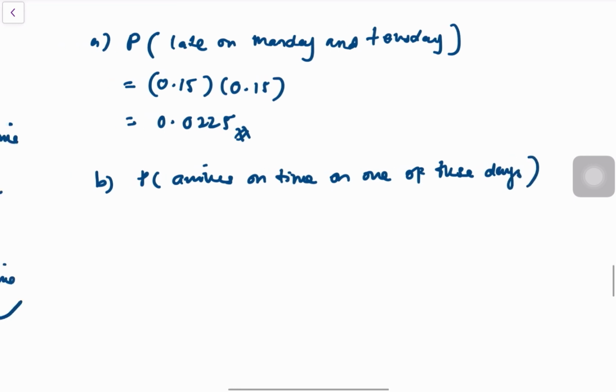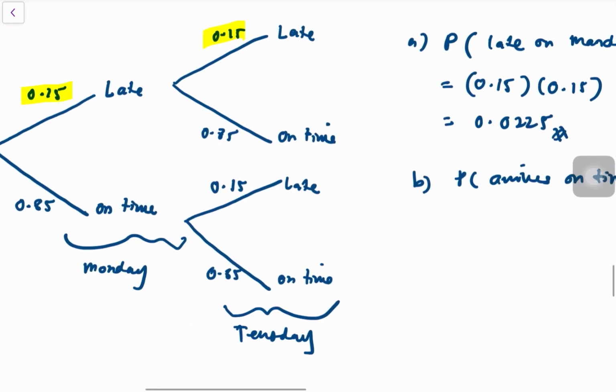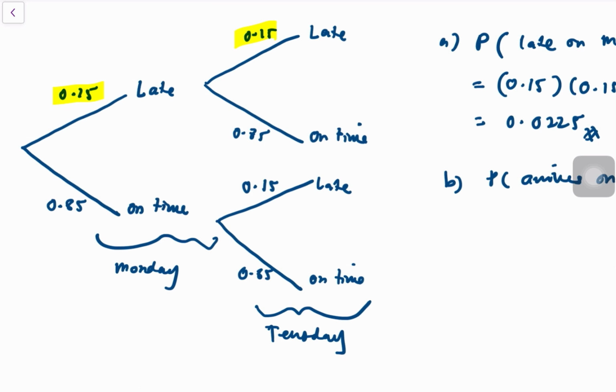From this tree diagram, we are going to pick out the cases where on at least one of the days he arrives on time. So I'm going to highlight this one, and also this one.